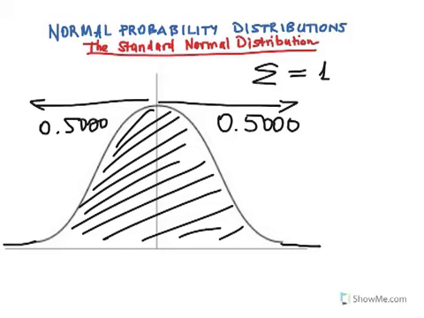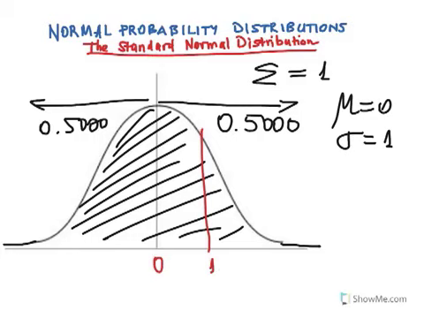Another property is that this standard normal distribution has a mean of 0 and a standard deviation of 1. So the mean here is 0 and the standard deviation is 1.